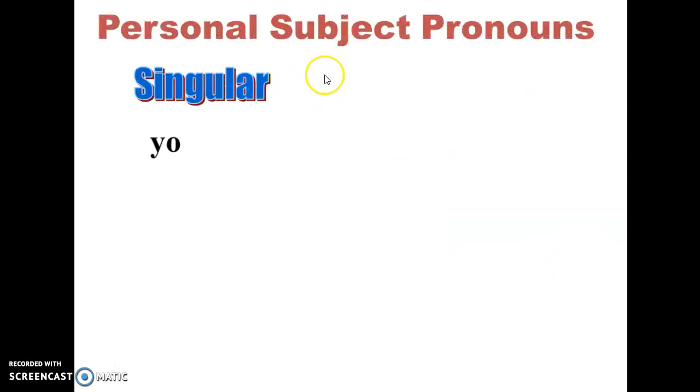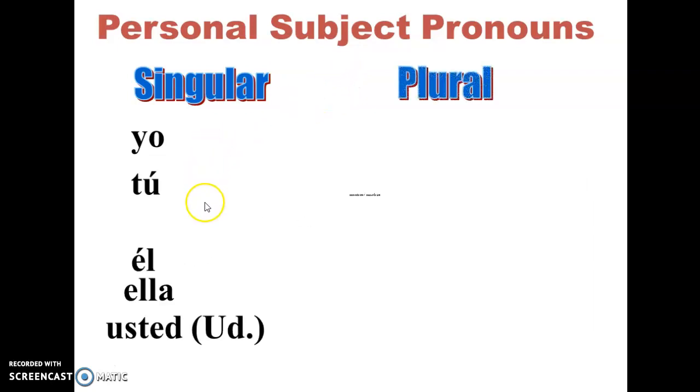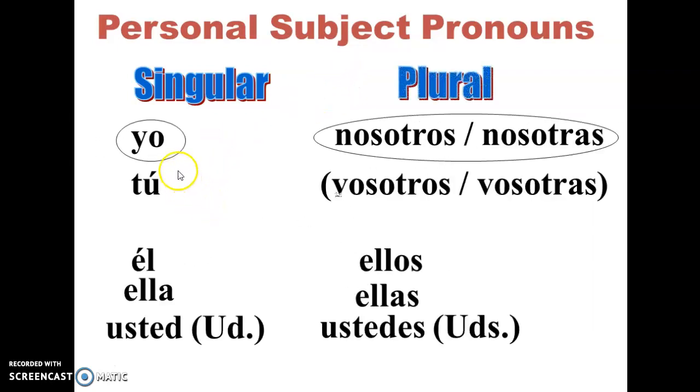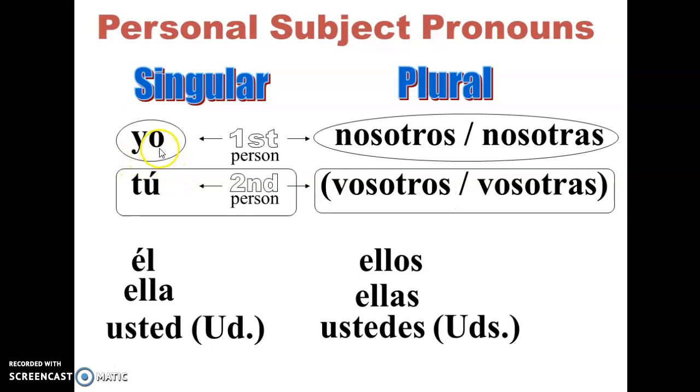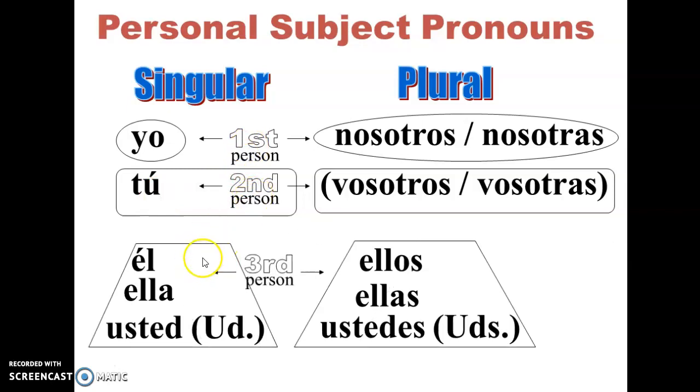Okay, so the personal subject pronouns, and so we have all of this, and so these are yo, which is I, tú, which is you, first person, second person, and then we are in the third person categories. And so él, ella, usted, abbreviated here, third person singular. All of this section is the singular part.